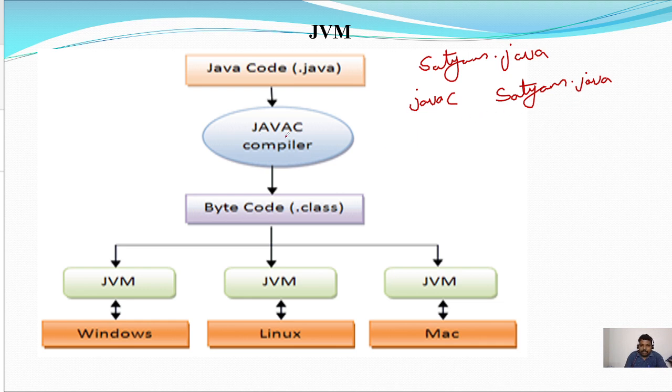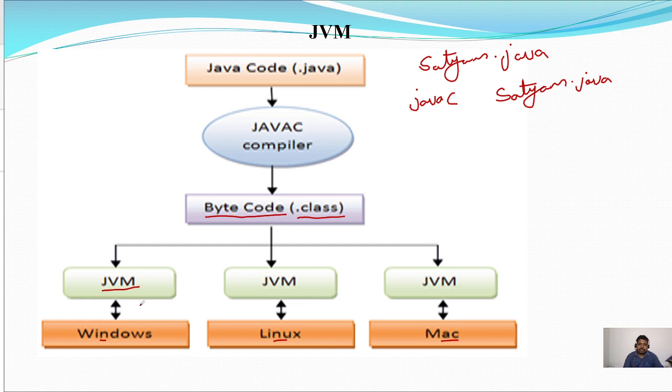After compilation, it generates the dot class file, which consists of bytecode instructions. So the dot class file is generated already, as you know. Then the JVM, Java Virtual Machine, converts this bytecode into native code, that is .exe file, for the specific operating system, whether Windows, Linux or Macintosh.